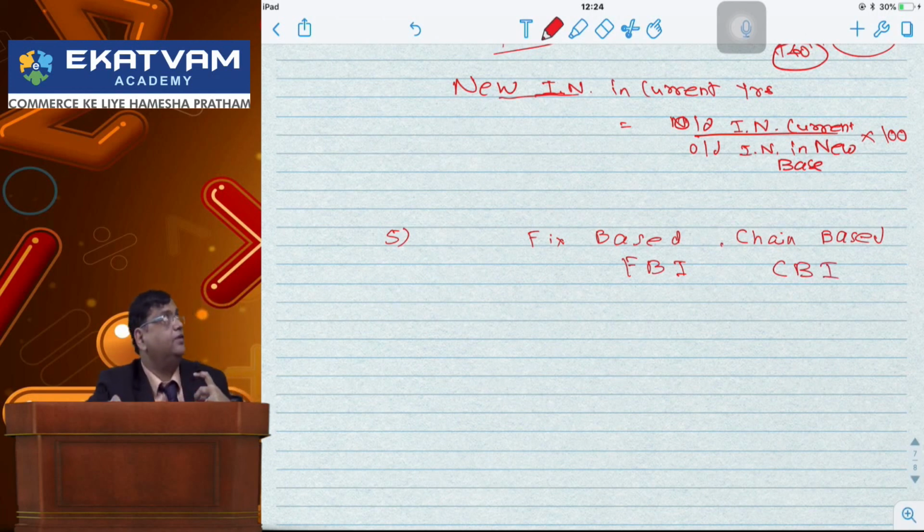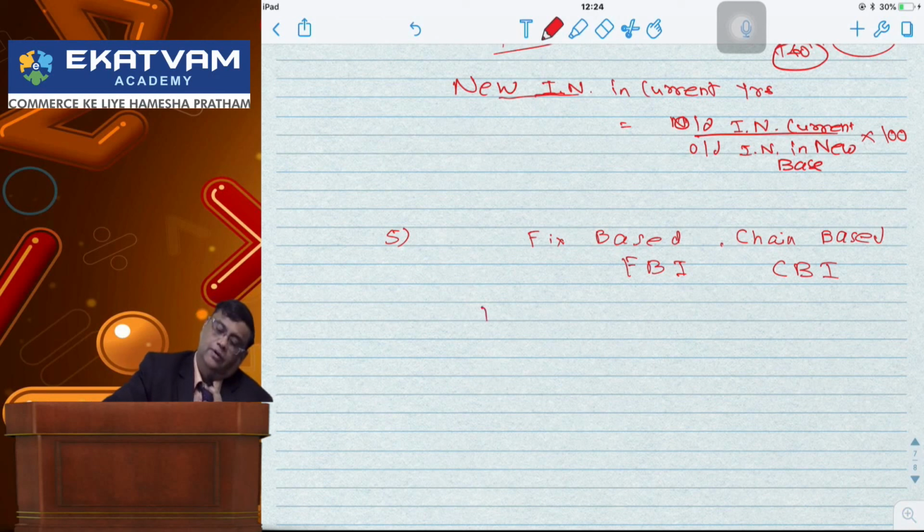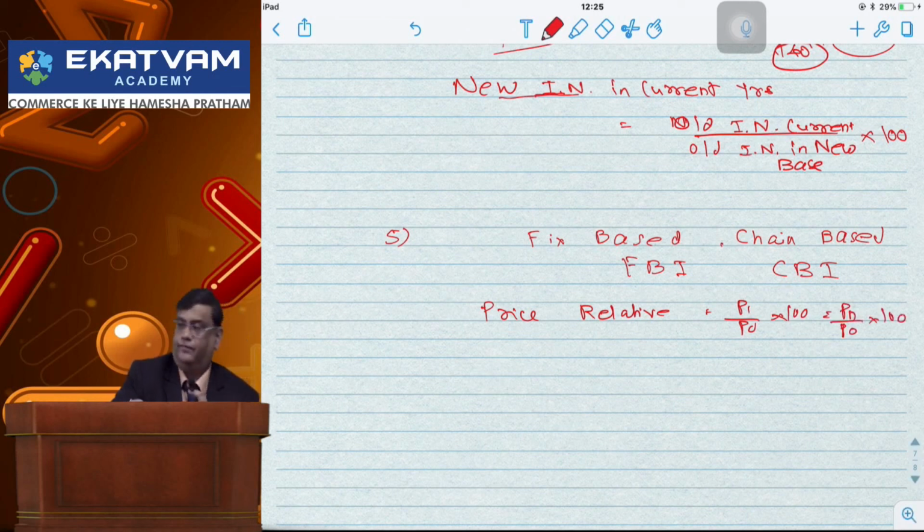Fixed based indices and chain based indices, this being the concept of FBI and CBI. Now I want your complete concentration. Tell me what is price relative. That is P1 upon P0 into 100 or Pn upon P0 into 100.